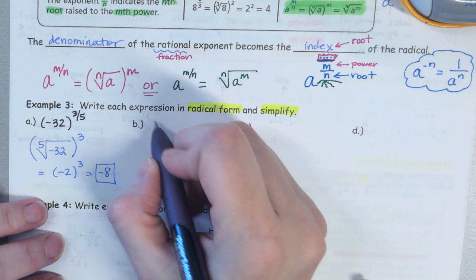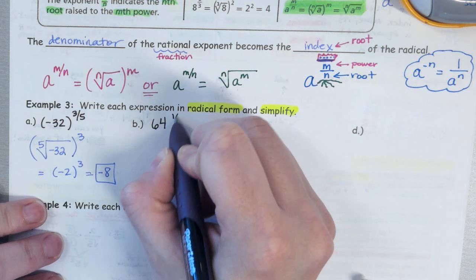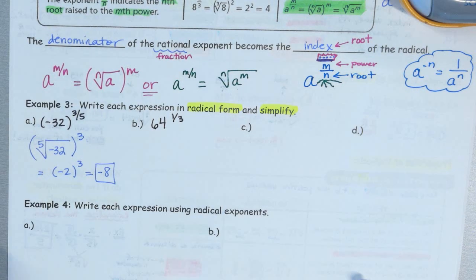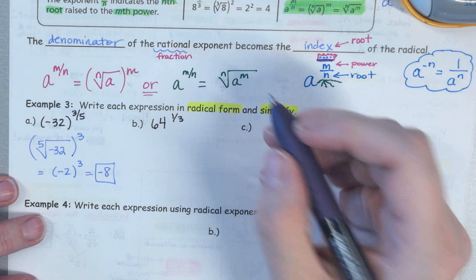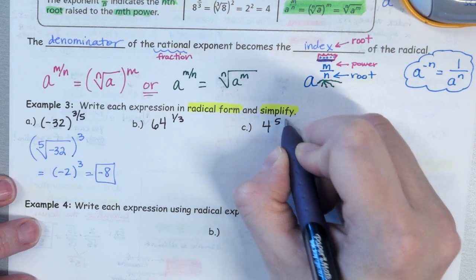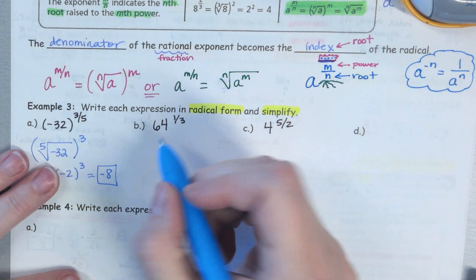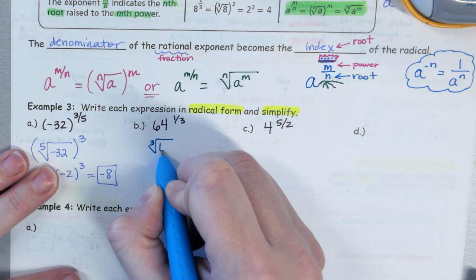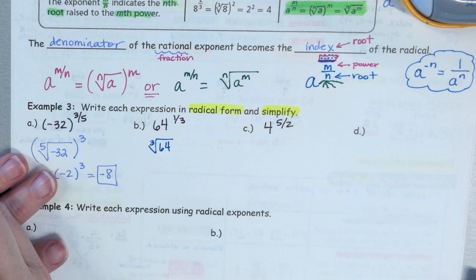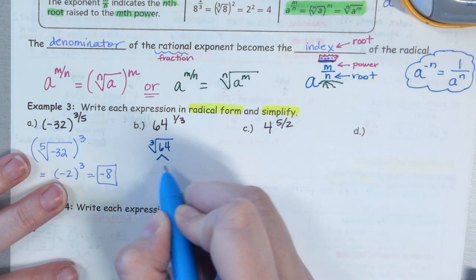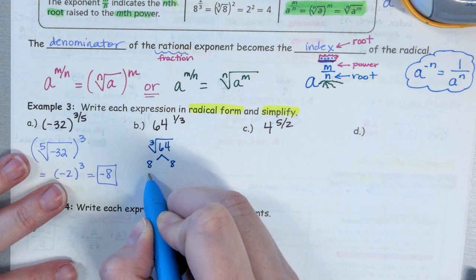Okay, this one is really quick. We know that if the 1's on top, this is just the cube root of 64. And if you don't know the cube root of 64 off the top of your head, that's fine.